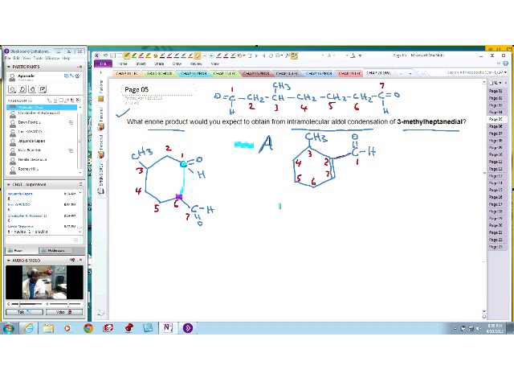How many carbon atoms do you have in that ring if you join 1 and 6? 6-member ring. So that's a 6-member ring molecule. Let us call this B, another 6-member ring.